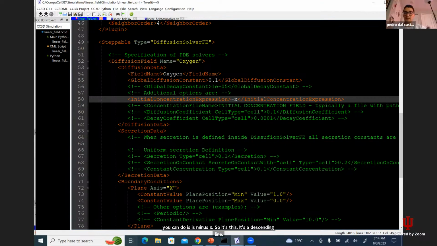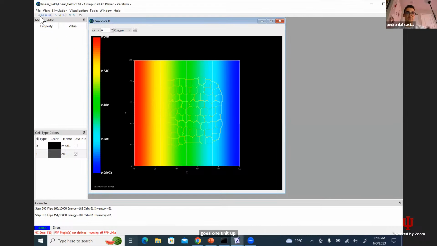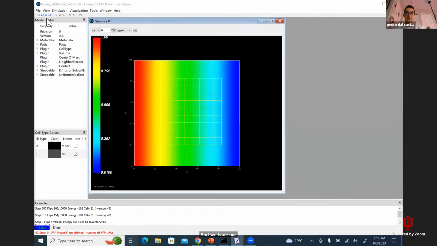Then you divide by the total x length of the lattice, and then you add 1. So the line goes 1 unit up, and we have our result right away. This is the resulting linear field without having to wait that time to diffuse, okay?